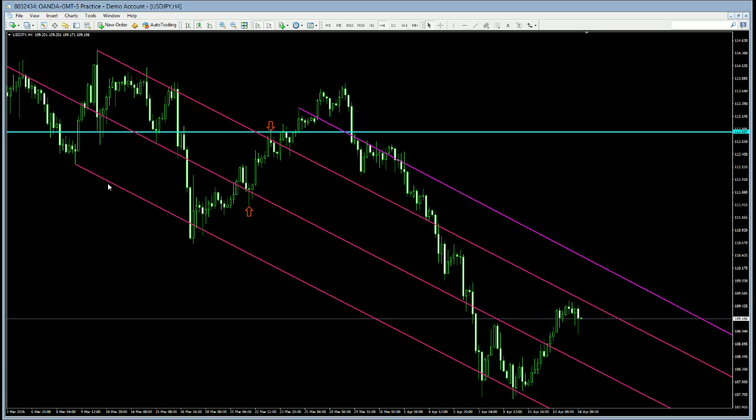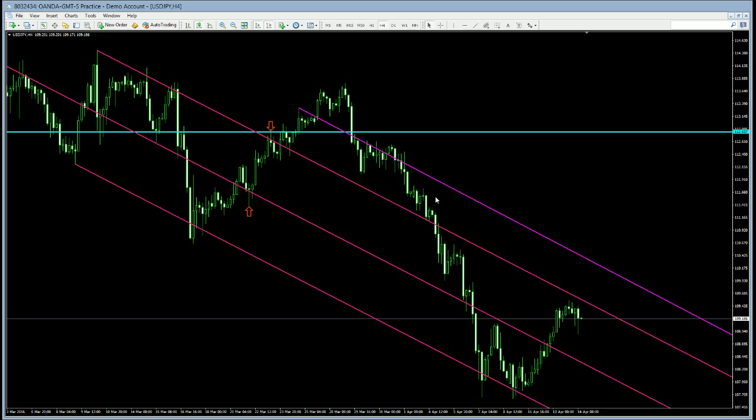As you can see, here's the Andrew's pitchfork, and I also added one more parallel line before, and you can see price is still reacting to the pitchfork. When I drew these lines, it was here at this moment, and it acted as support, resistance, got out, and then came back in, and then acted as support here, resistance, support, resistance, and now resistance again.